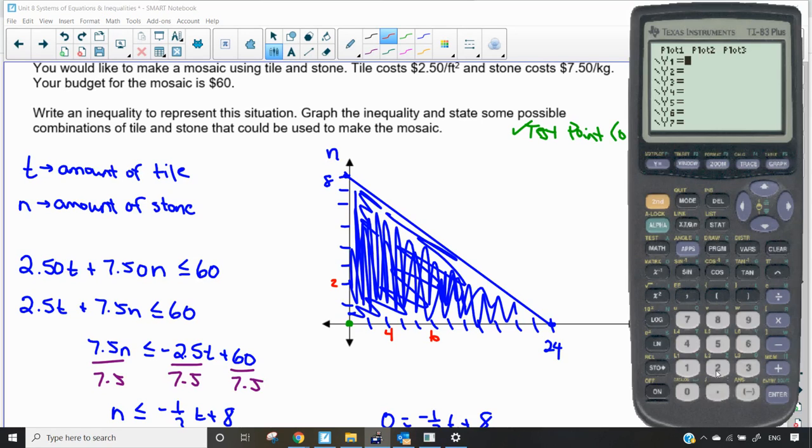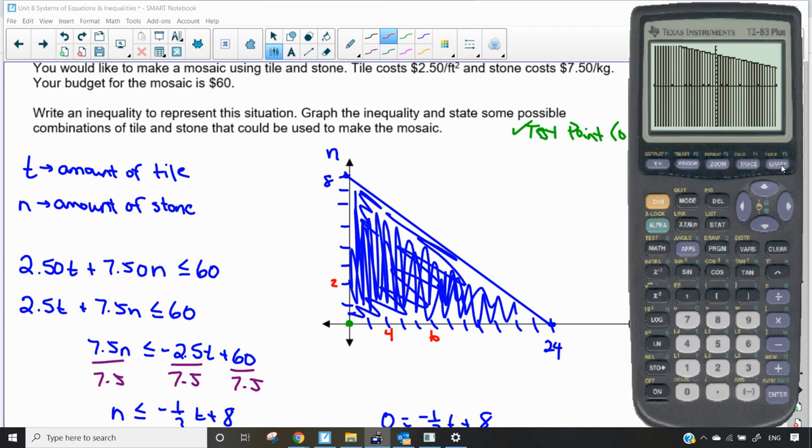Now, if I want to graph this on my calculator, I'll start by graphing the inequality. So I have negative 1/3 x plus 8, and my inequality is less than or equal to. But in order to make my graph look like what I have on the side here, I'm going to have to adjust my window settings.